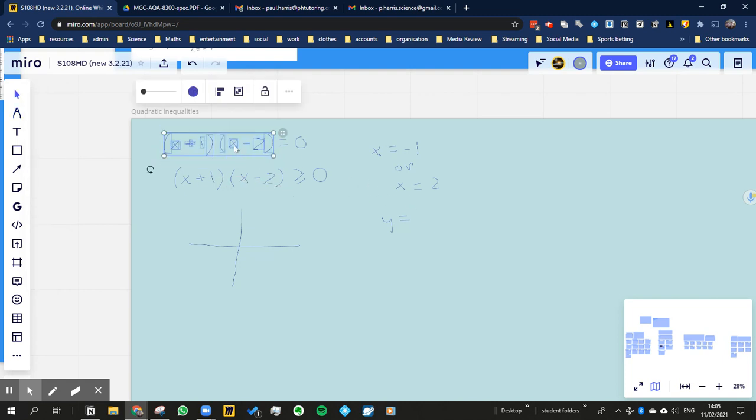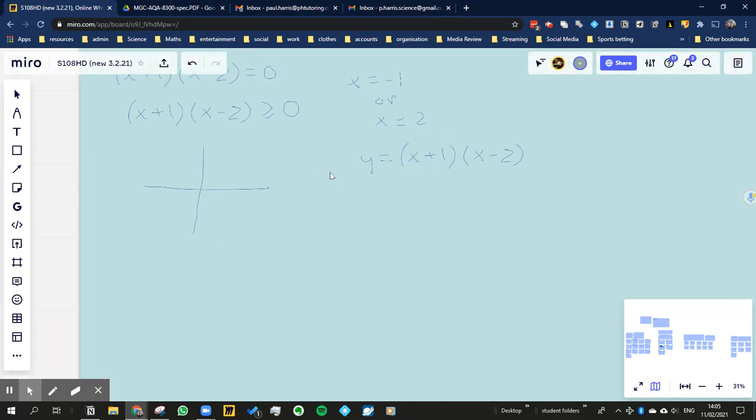So if we plotted the graph y is equal to all of this here, we know that this would be true for when that equals 0, which in this case is when y equals 0. So for when y equals 0, x is equal to minus 1 or 2.